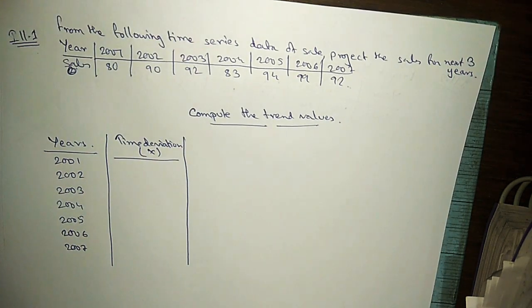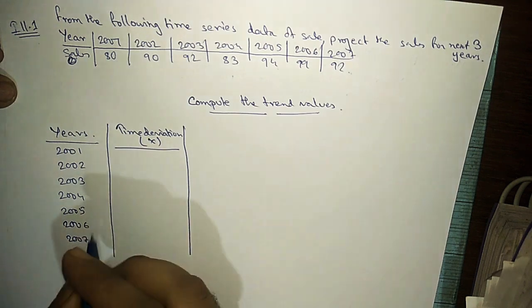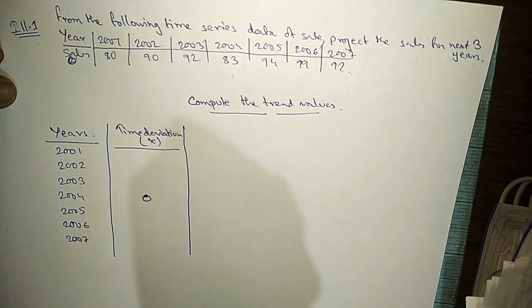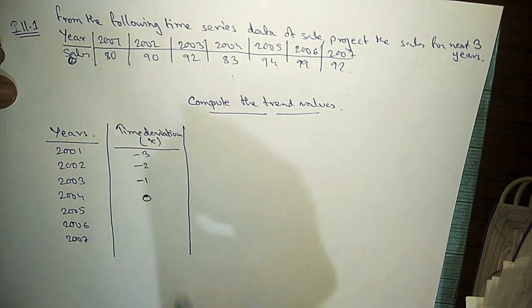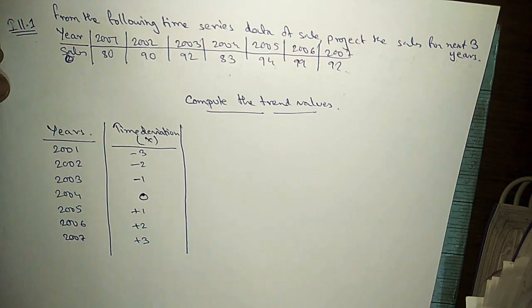Now as I said, in case of direct method, summation x must be 0. How to take that? You have to take the middle year. The middle year over here is 2004. You have to take the middle year as 0. And now -1, -2, -3, +1, plus 2, plus 3. It goes like this.